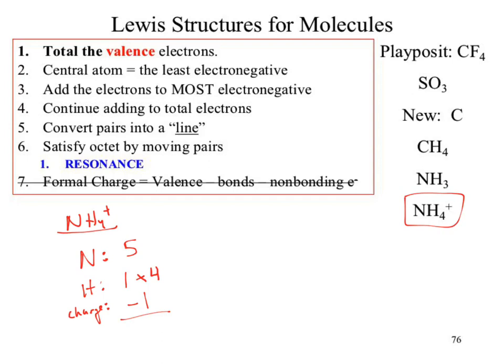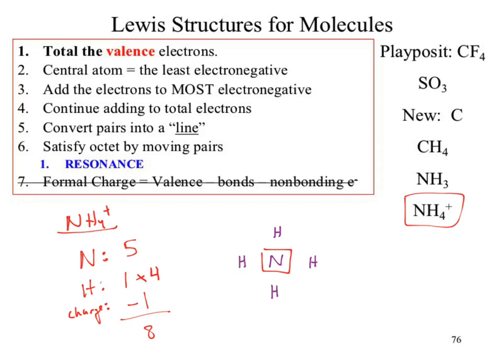So 5 plus 4 is 9, minus 1, 8. So again, we started off, our hydrogen can't bridge, so nitrogen's our center. There's our box. Hydrogen, hydrogen, hydrogen, hydrogen. Where do I start placing electrons?